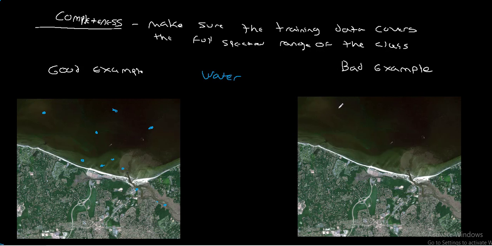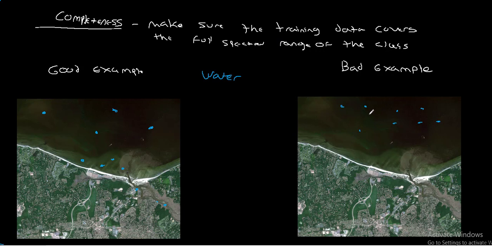Well, a bad example might be if all we did was say, oh, that's a very big point, so water, water, water, water. Okay, we're done. Now, hopefully you can see the problem here. If we were to go with this bad example, we would have only included the spectral range of the deep water.